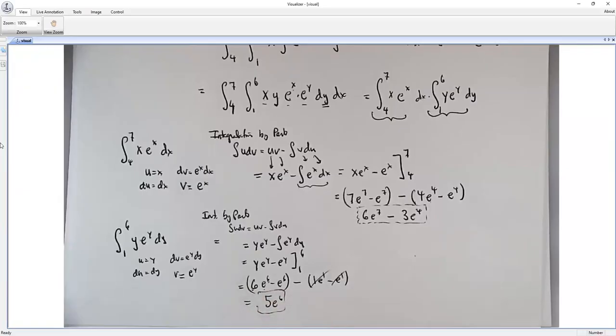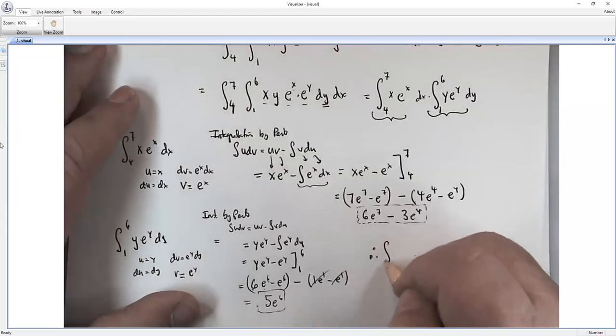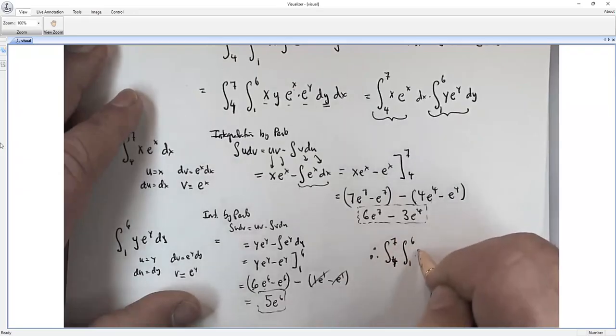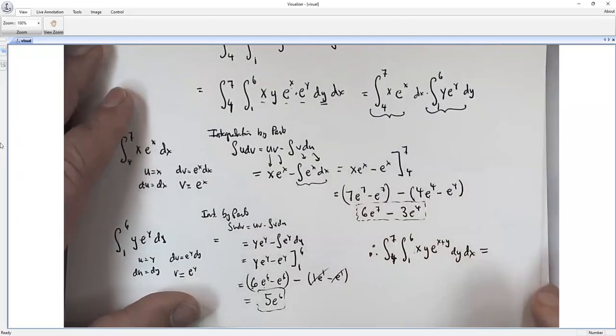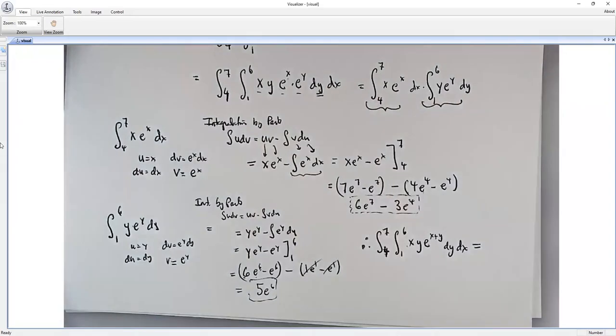But wait, the question was the integral from 4 to 7 of the integral from 1 to 6 of x y e to the x plus y, dy, dx. And what's that going to be equal to? Well, it's the product of these two functions.